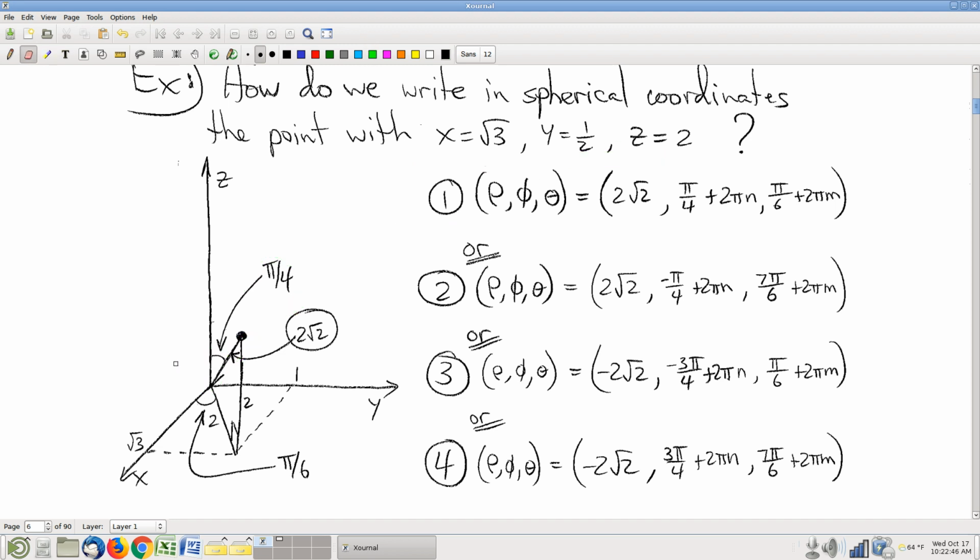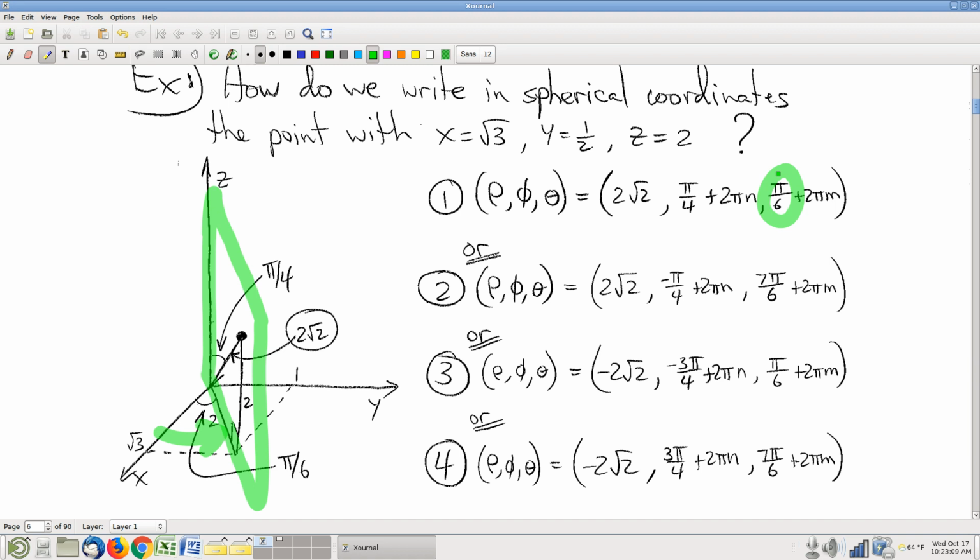So that being said, the obvious, most natural, easiest way to recognize this point in spherical coordinates is to think about this half plane hinged on the z-axis there. Think of that as theta equals pi over 6. That's that plane, theta equals pi over 6.